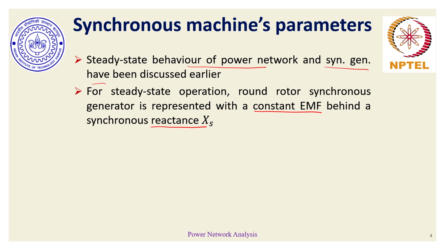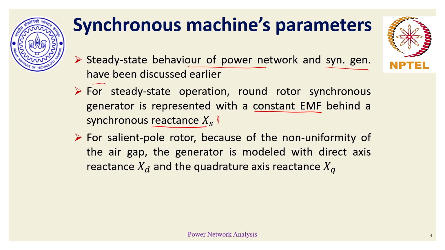And this synchronous reactance is a component of the armature MMF reactance, which is the linkage with the stator flux, as well as the air gap flux, as well as the rotor MMF flux. So synchronous reactance comes because of all those aspects considered together: the leakage component, the linking between stator flux and rotor flux, and so on. For a non-cylindrical pole machine, or a salient pole machine, we also understood that since the air gap is not uniform in a salient pole rotor, the air gap is minimum along the direct axis and maximum along the quadrature axis.